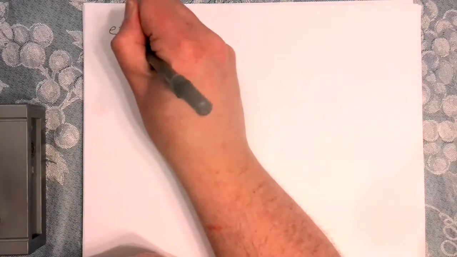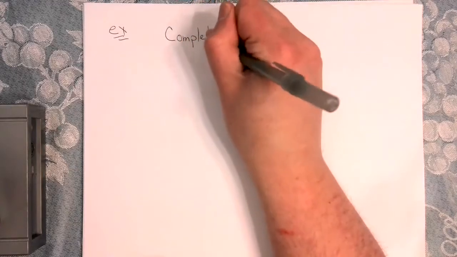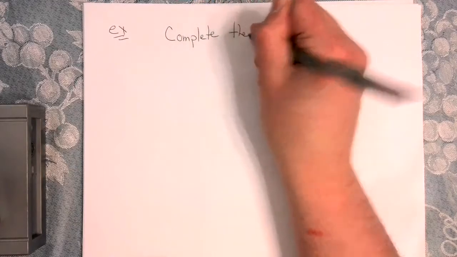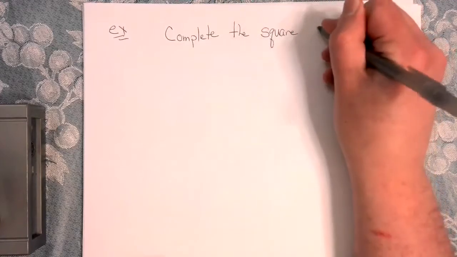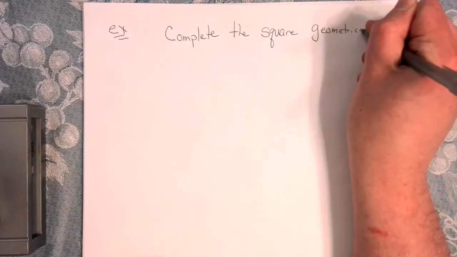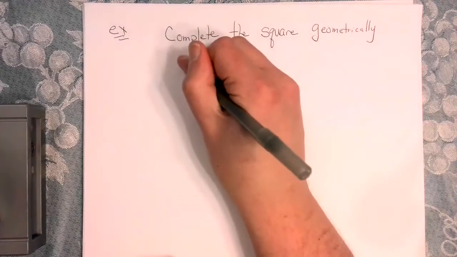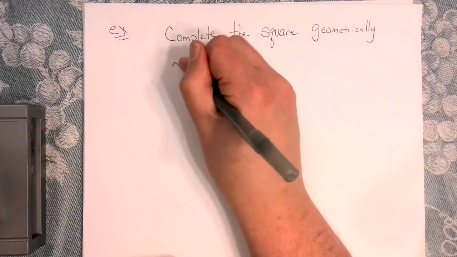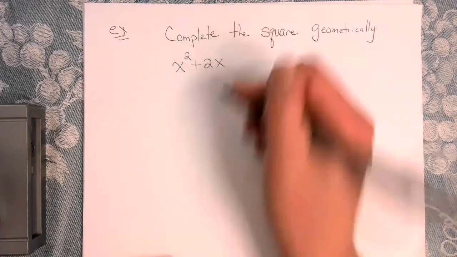So I'm going to say, for example, complete the square geometrically. So let's say we have x squared plus 2x.